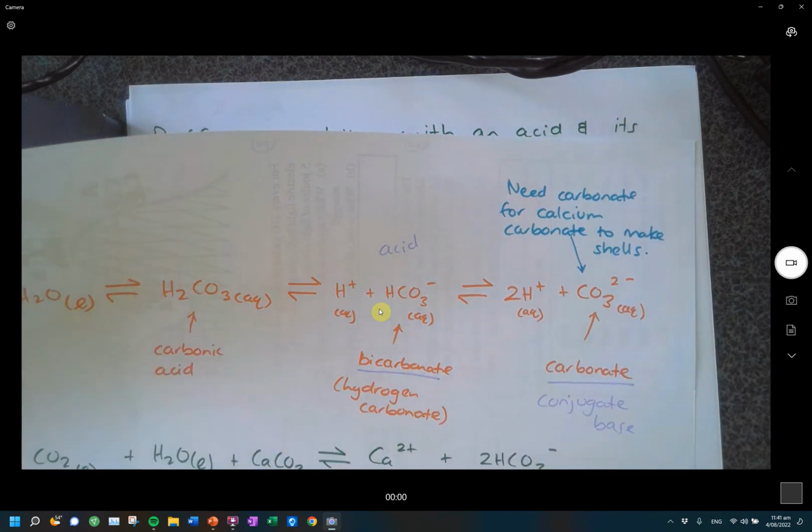It's a really great system, and really important for the ocean, because there are a lot of living creatures in there that depend on that pH to be at a reasonable level so they can survive. They have also evolved for this certain pH. So that's the buffer system we're looking at in the ocean.